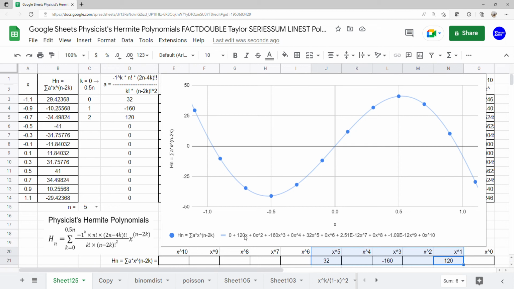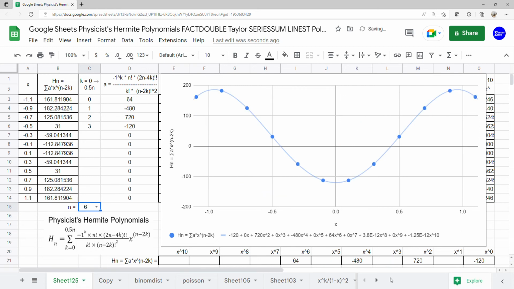N equals 6. So minus 120 plus 720x squared minus 480x to the 4th plus 64x to the 6th.